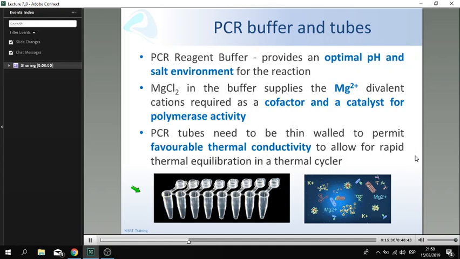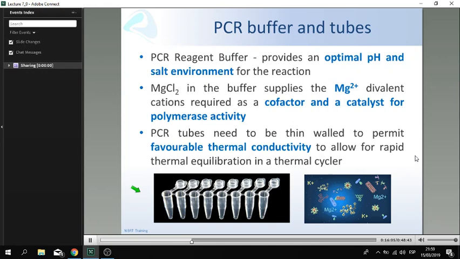All of these components need to be put in a PCR reagent buffer that will provide optimal pH and salt environment for the reaction. Especially we need to have magnesium in our buffer, because magnesium is a cofactor and catalyst for polymerase activity. So polymerase needs magnesium in order to work. Then all this needs to be put in a PCR tube, a special kind of small tube that has a really thin wall, and this thin wall permits thermal conductivity.